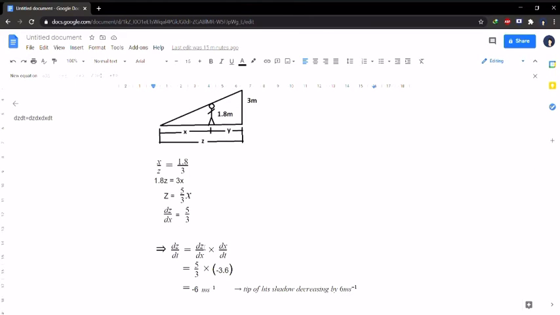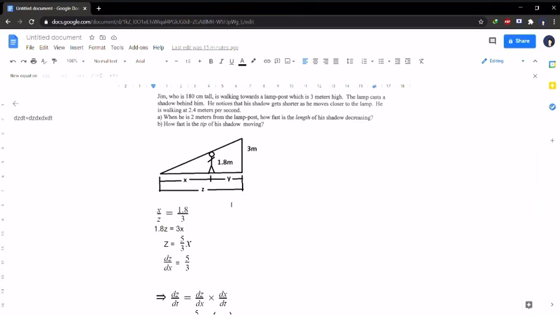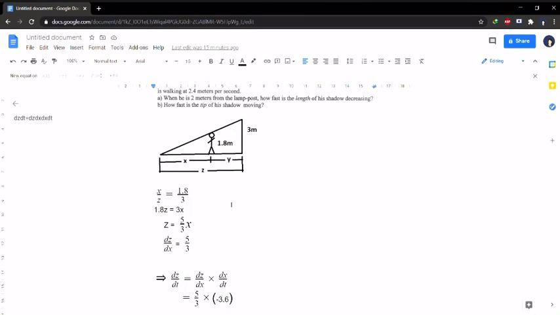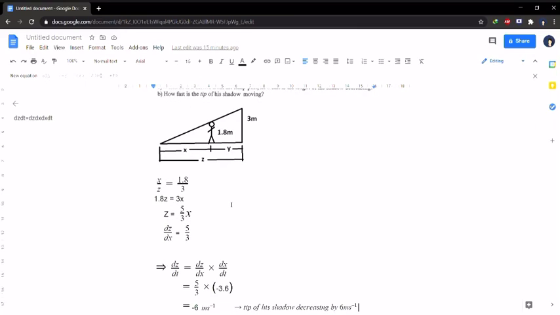The dz over dt is the rate of change of the tip of the shadow moving, and dz over dx is 5 over 3, and dx over dt is the rate of change of the length of his shadow.